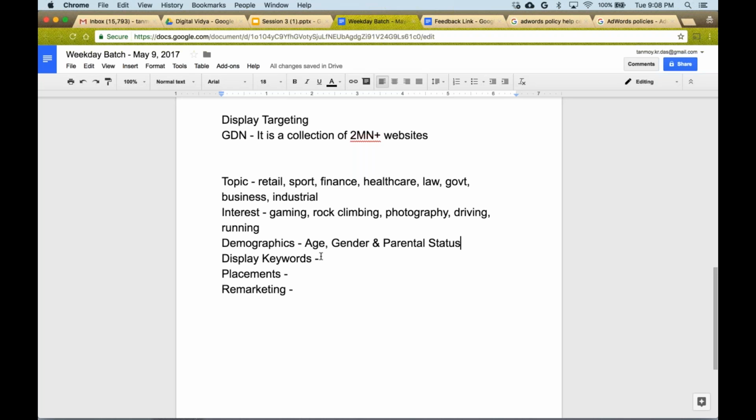The Google Display Network will scan through these 2 million plus websites, and when people sign up on the websites and provide information related to their age, gender, and parental status, Google takes it out from these websites, collects all that information, and creates various buckets around it.